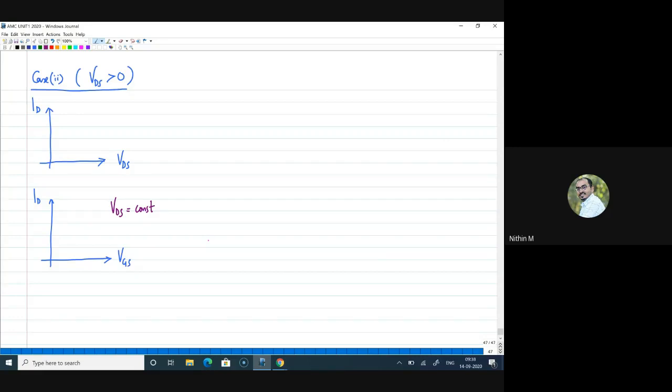What is that VGS? Yes, that is VT, right? Very good. So till VT, I cannot expect any current flow even if a VDS is applied. But after VT, current will gradually rise as you apply a VDS.